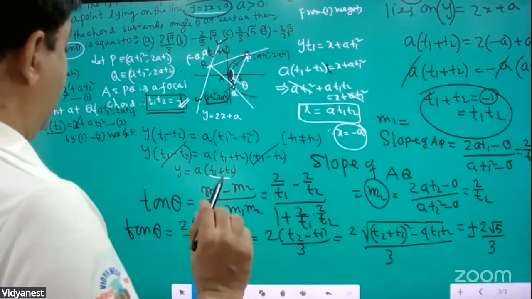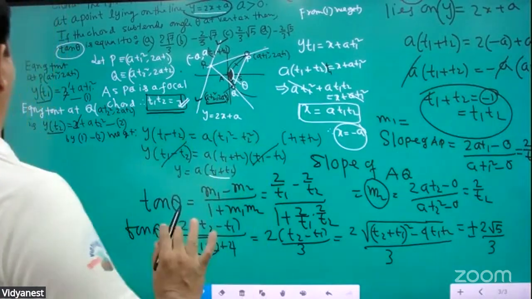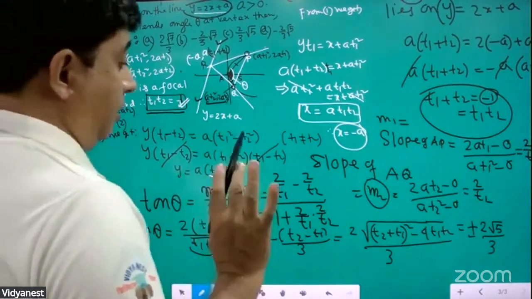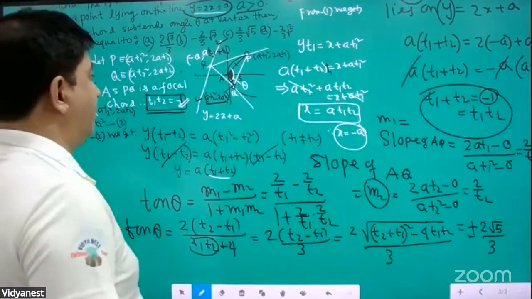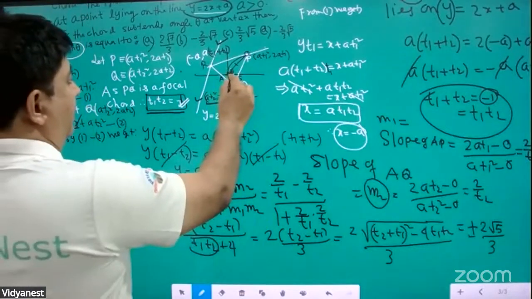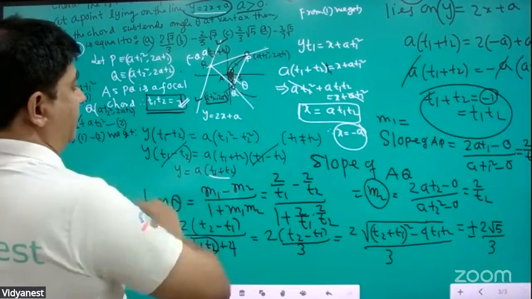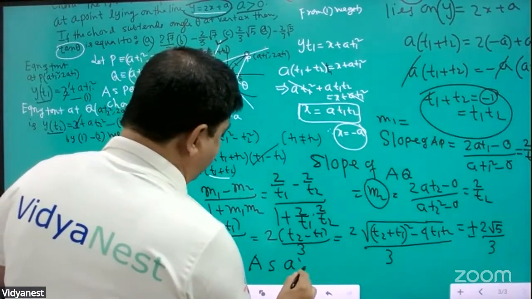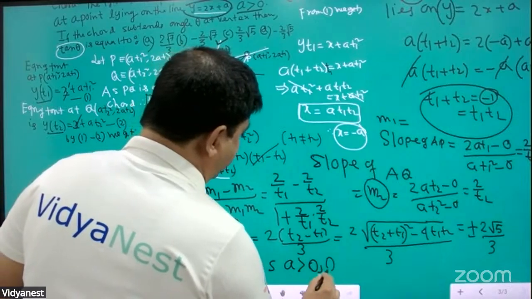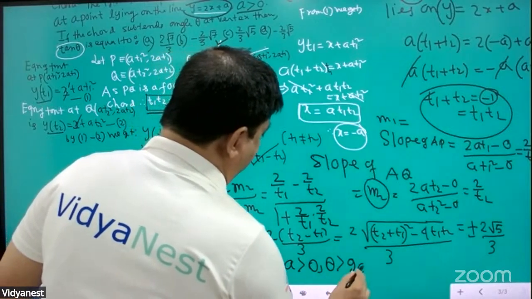Now, out of this plus or minus, what is to be chosen? A is greater than 0. That means the angle subtended here is more than 90 degrees, so theta is greater than 90 degrees.